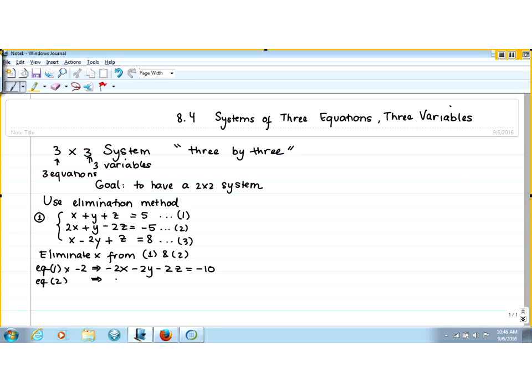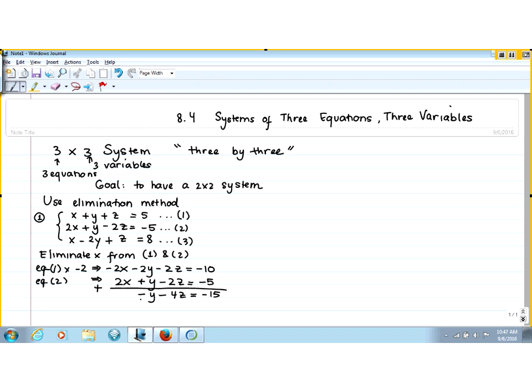It stays the same, we just copy. So 2x plus y minus 2z is equal to -5. We talked about why I have to multiply by -2 before, right? So now what? The x terms cancel. So -y minus 4z is equal to -15.